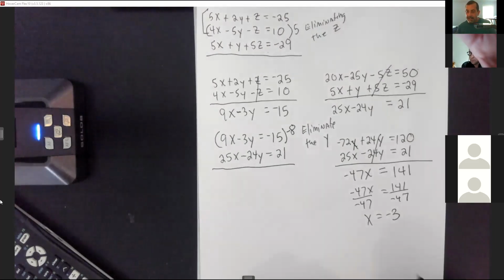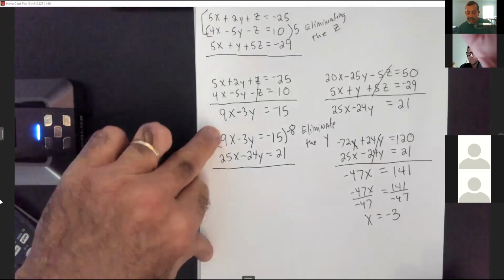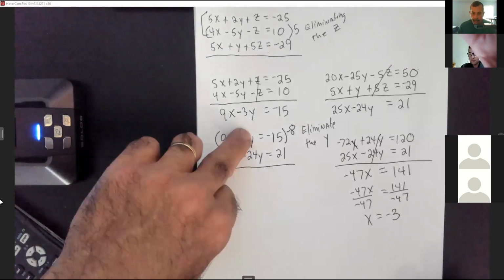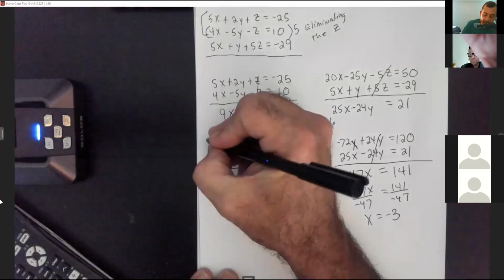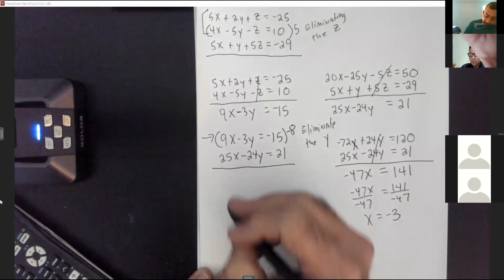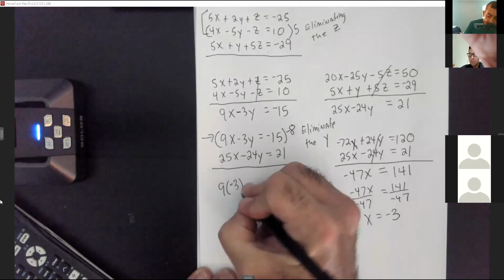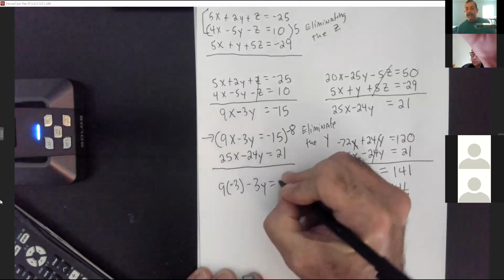Now that I know that x is negative 3, I'm going to go back to one of these two equations, put negative 3 in for the x and solve it for the y. Since this one had smaller numbers, I'm going to use that. 9 times negative 3 minus 3y equals negative 15.